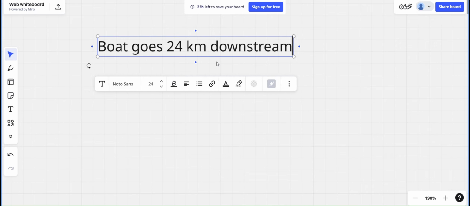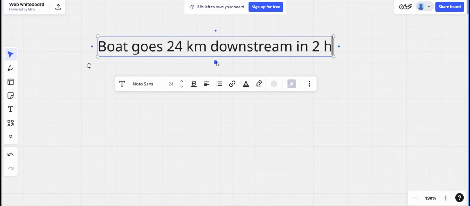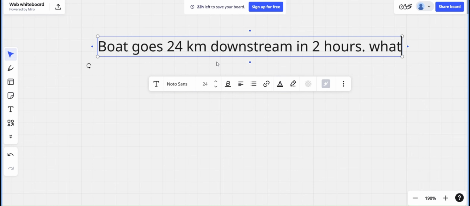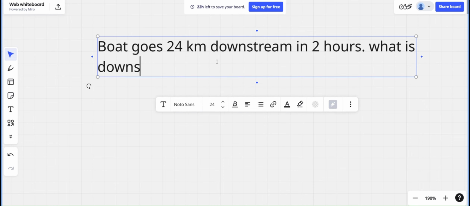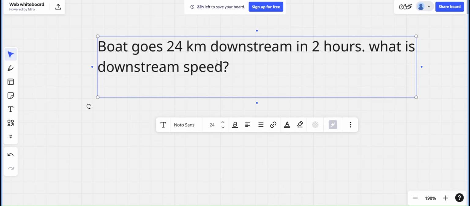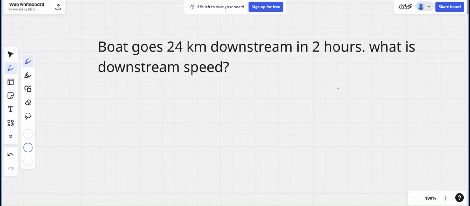in 2 hours. What is the downstream speed? Okay, so you already know that. Let's write the formulas here. Speed equals distance by time. Time equals distance by speed. Distance equals speed multiplied by time.